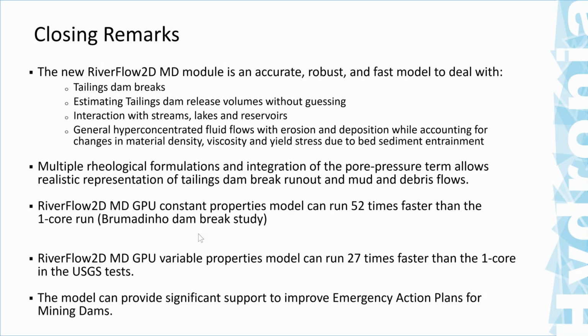The computation times ended up being 52 times faster with the GPU using the constant property model, the previous one. And with the new model, it's less efficient because we need to solve more equations, but we still got 27 times faster simulations, at least based on the USGS tests.